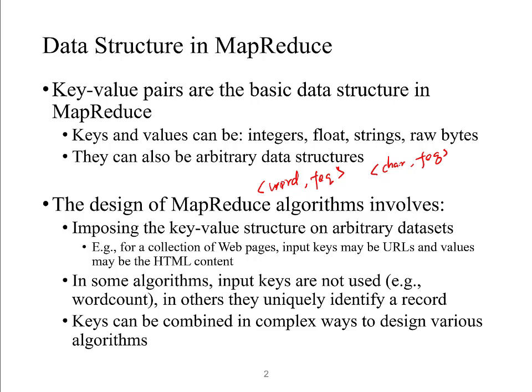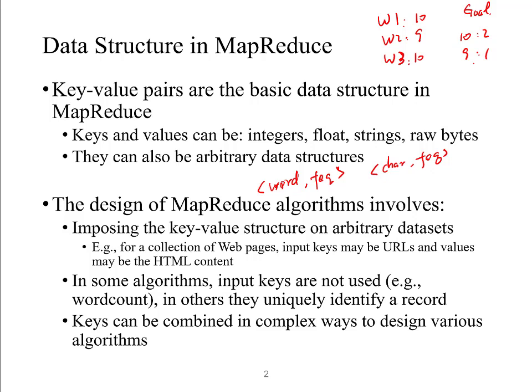But if we consider a frequency count, for example, say the goal is to count. Say we know that the frequency of word 1 is 10, the frequency of word 2 is 9, and the frequency of word 3 is 10. So the goal of our program is to output this kind of information, saying there are two words that have frequency of 10 and one word has frequency of 9.